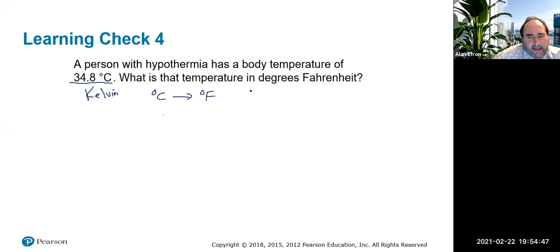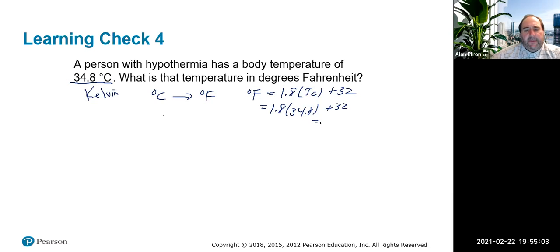Temperature in Fahrenheit equals 1.8 times our temperature in Celsius plus 32. So 1.8 times 34.8 plus 32.